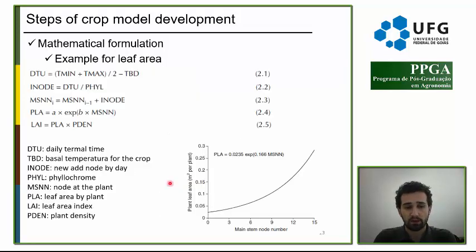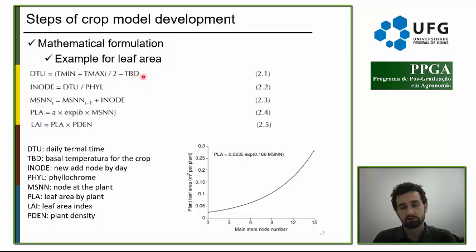And here we have an example for leaf area index, where previously in the maize example, we had the thermal time affecting the leaf area index like a hypothesis, but here you can put this in the mathematical formulation, where in the first step, I will calculate the daily thermal time for this crop, based on the maximum and minimum temperature and the basal temperature for the crop.